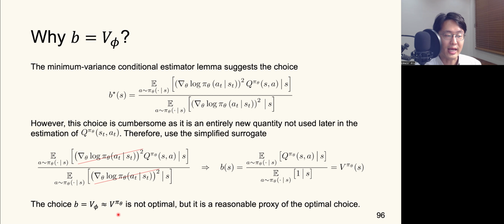So this tells us that the choice b equal to the value network, which is meant to approximate the value function, is perhaps not an optimal choice, but it's a reasonable proxy of the optimal choice given by this. Theoretically, this is the justification, where the crossing out step is the heuristic step. And empirically, people have used this to great success. It's well established that this choice of baseline function b is a reasonable choice.